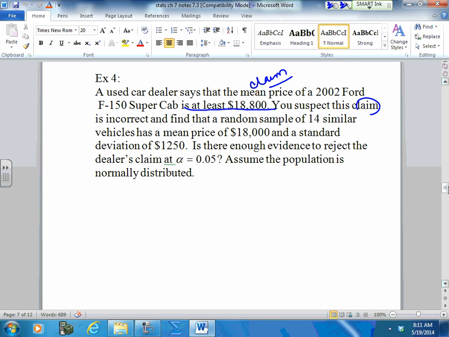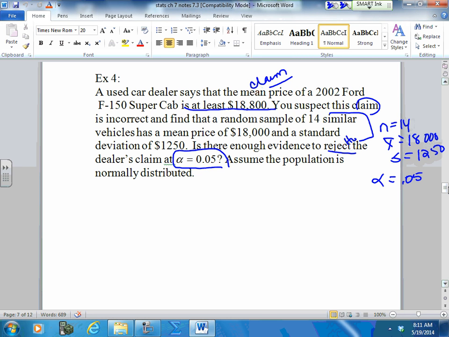Not false, but you want to kind of reject him, and find that a random sample of 14, here's your sample information, here's your sample mean. Always pull out your sample as soon as you read it. There's your sample standard deviation. Is there enough evidence to reject, oh, this had to be an H0, the dealer's claim, and here's my level of significance.